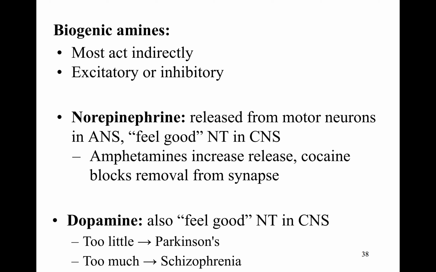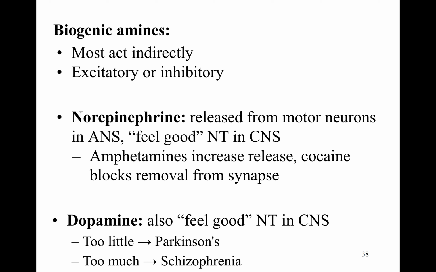Norepinephrine is also located in our central nervous system, where it's released in neural pathways that regulate emotional behavior. This is where it acts as our feel-good neurotransmitter, helping to regulate our emotions.